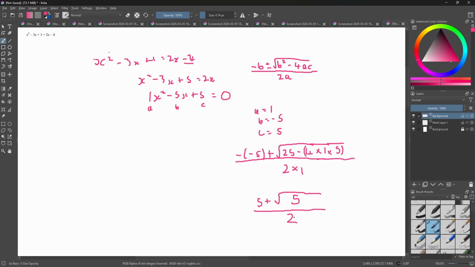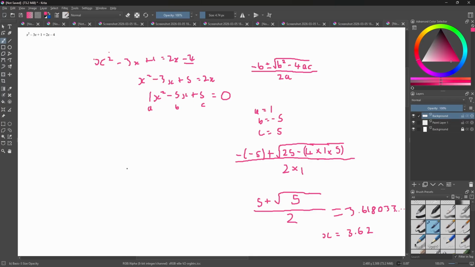Now, you probably want to put that in your calculator, because I don't think this is going to be a very nice number. 3.61803 and a load of other numbers. So we probably want to round that to 1 or 2. So I'm going to put 3.62. So one of our solutions, x equals 3.62. Anyway, now we do it for the other one.